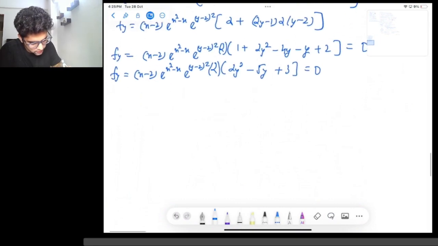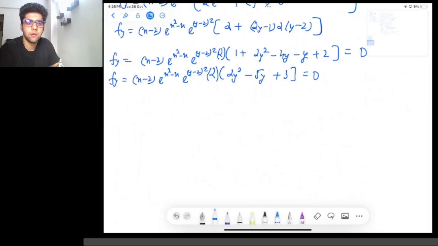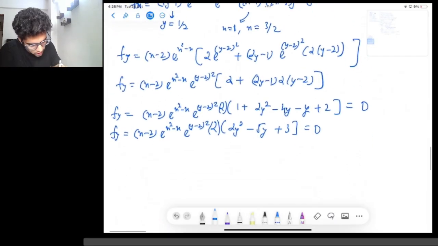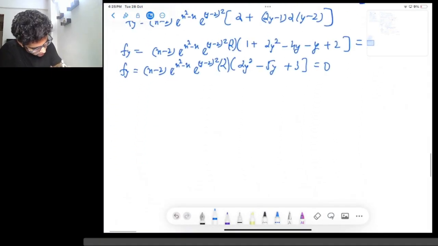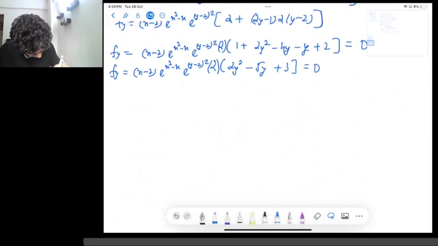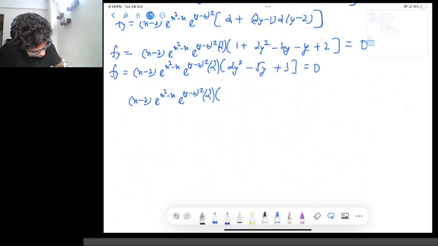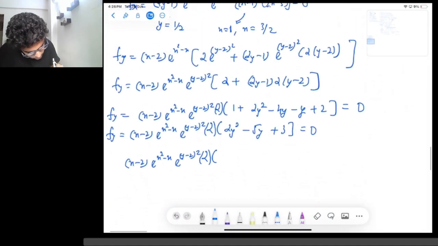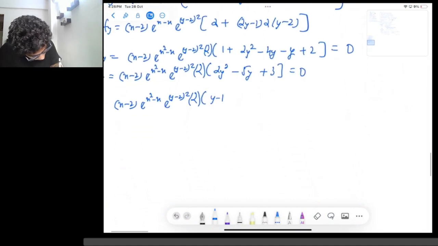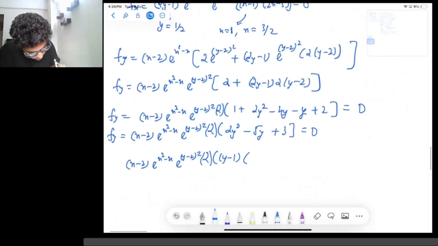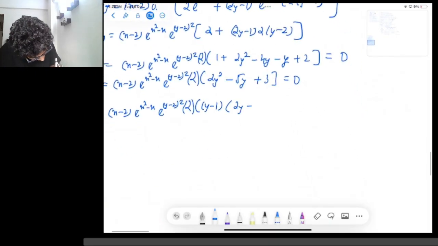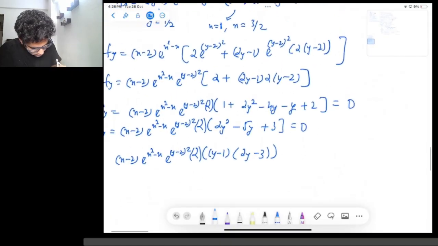Right, so finally what I get is, if I just factorize it, I've already factorized this 2x square minus 5x plus 3, so this gives me x minus 1 into 2x minus 3, right? So if I just copy this term again, just duplicate this, this gives me y minus 1 and 2y minus 3, because the expressions were the same, right?